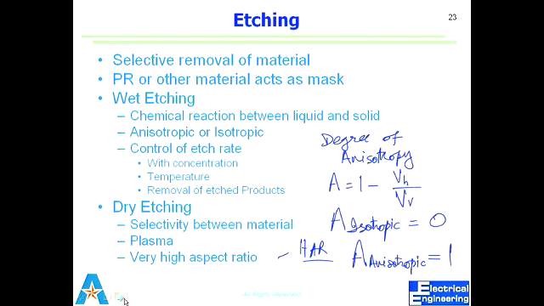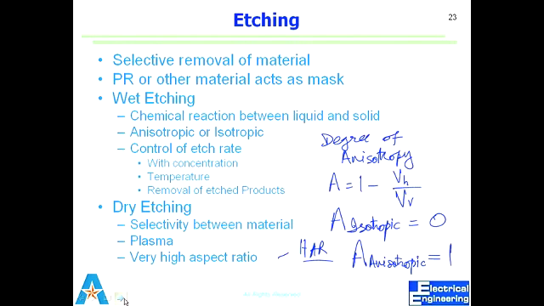100 micron deep and 10 micron wide. If it was not anisotropic, we would have been left with a trench which is 100 micron deep and 100 micron wide. Make sense? Or at least it would have a globe shape, like a sphere where all the axes passing through the center would be the same.